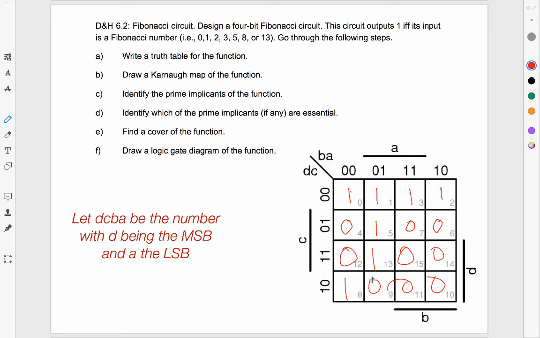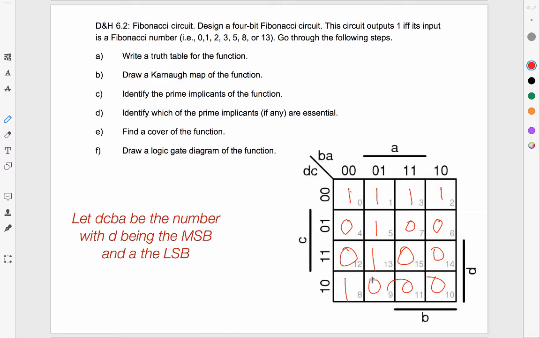Okay, now, how many prime implicants are there? 4. Anyone else? 3.